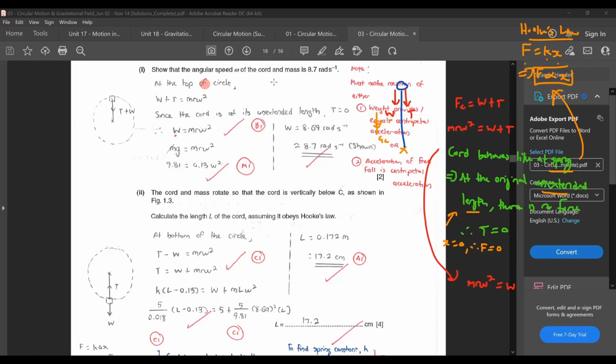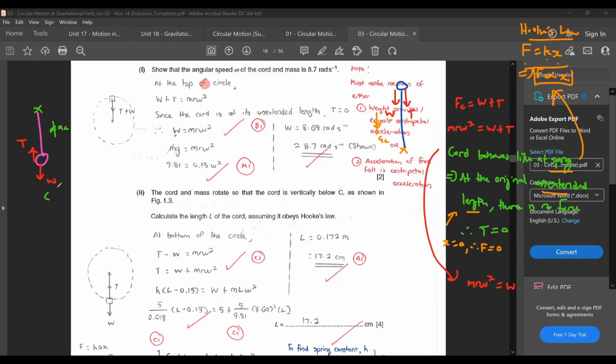If this is the center of your circle, this is your cord, and this is your mass, you still have weight W acting down on your mass, but your tension T will be upwards right now.